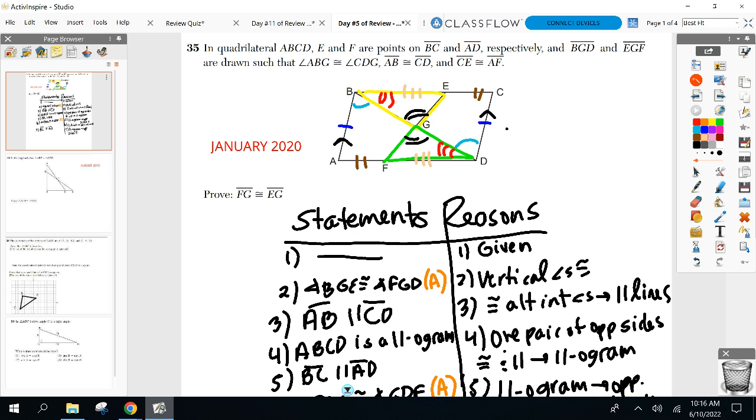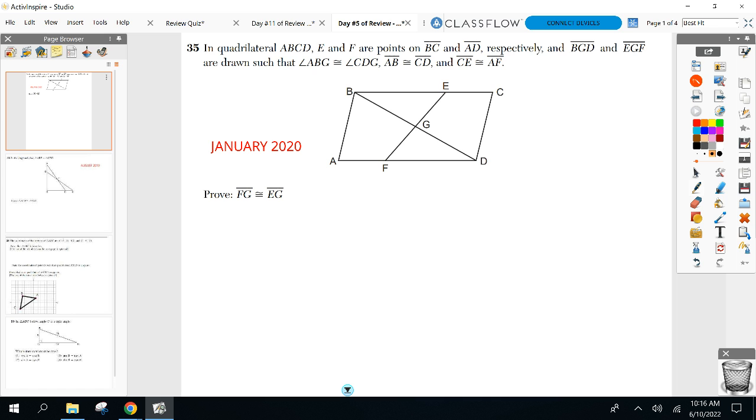I think the other way you could have done it without mentioning it was a parallelogram. Everyone see these two big triangles on top? We had this already. BD's reflexive.